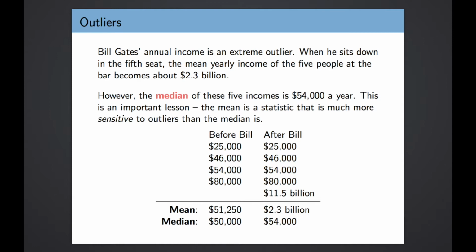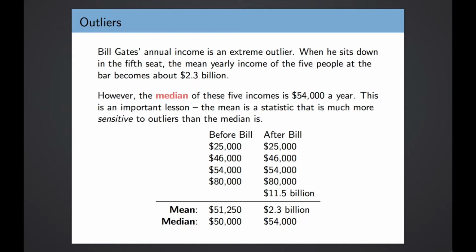So let's take a look at this by examining the distributions for before Bill Gates walks into the bar and after Bill Gates walks into the bar. So before Bill Gates enters, the mean of the distribution of the 4 people there is $51,250, and the median is really close to that. It's $50,000, is the middle of the distribution as calculated by the median. After Bill Gates enters the bar, the mean jumps up by a substantial amount and becomes $2.3 billion.